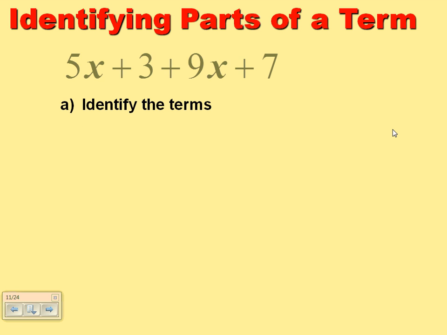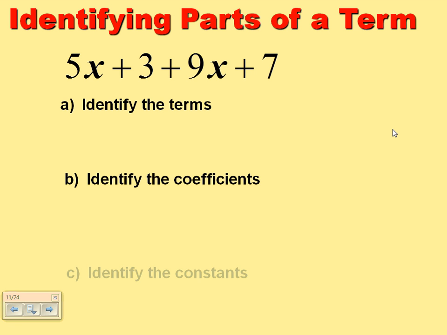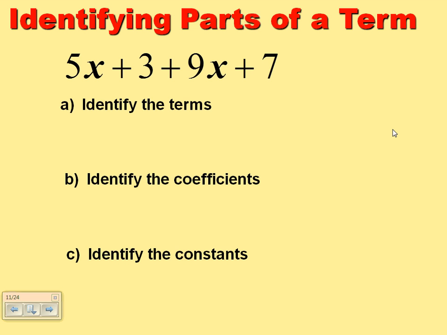Let's review a lot of the things that you guys should know from what we discussed in our past 2 slides. If you can see the expression on the top, it says 5x plus 3 plus 9x plus 7. How many terms are there? The question you should be asking is, how many things am I adding together?